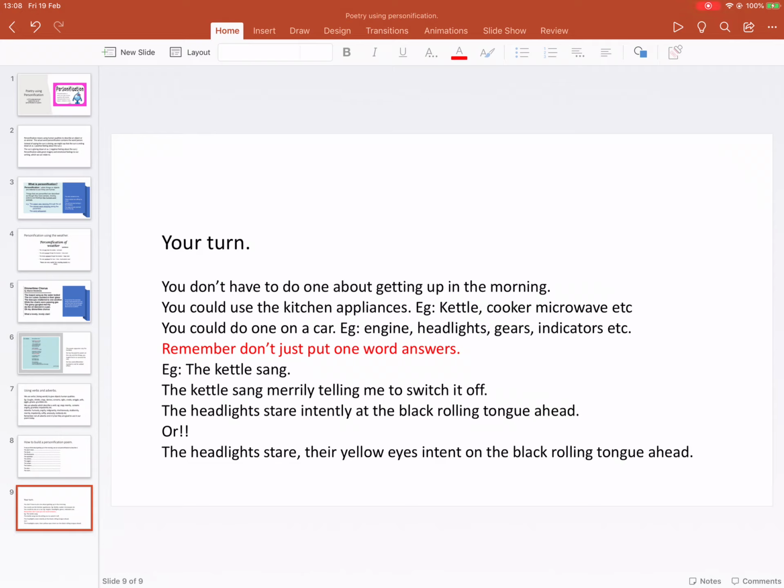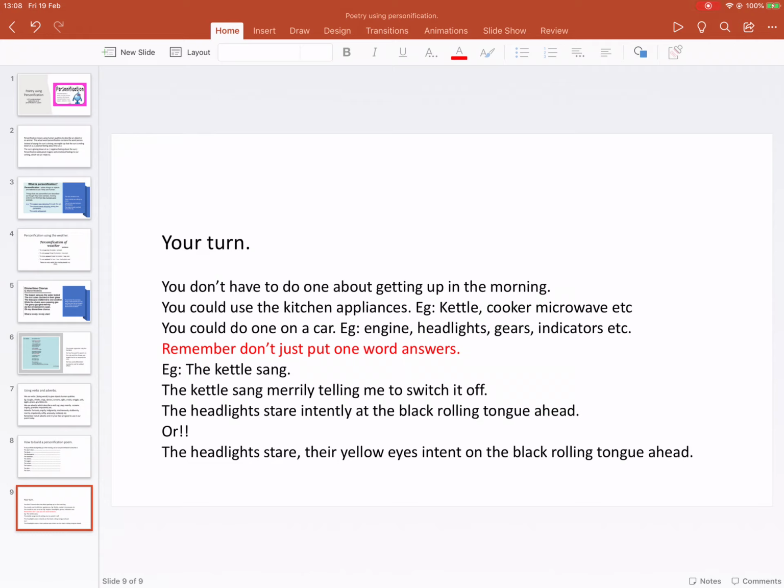So you've got the engine, the headlights, the gears, the indicators, etc. Don't know all the parts of a car myself, but I'm sure you'd be able to find loads more things, like the steering wheel. Lots of different things. But remember, don't just put one word answers like the kettle sang. How's he singing? Sang merrily or angrily.